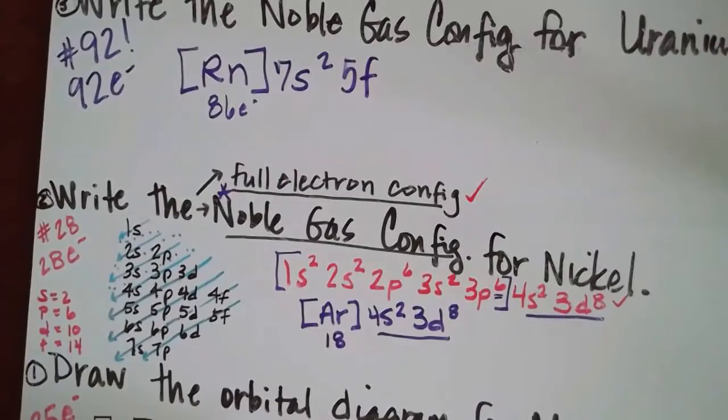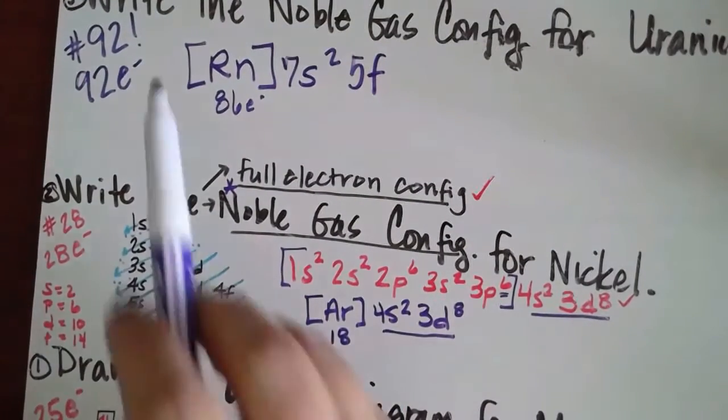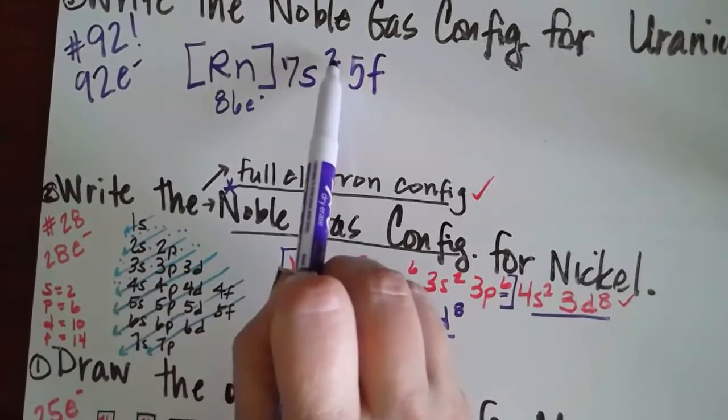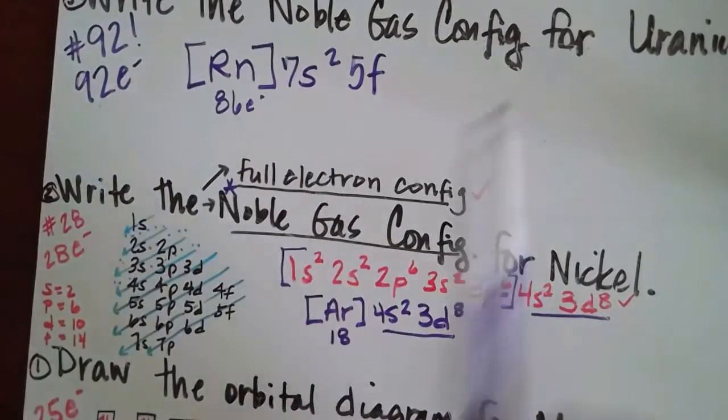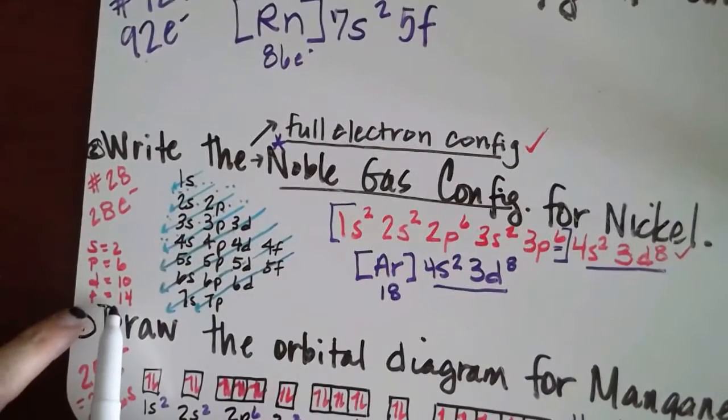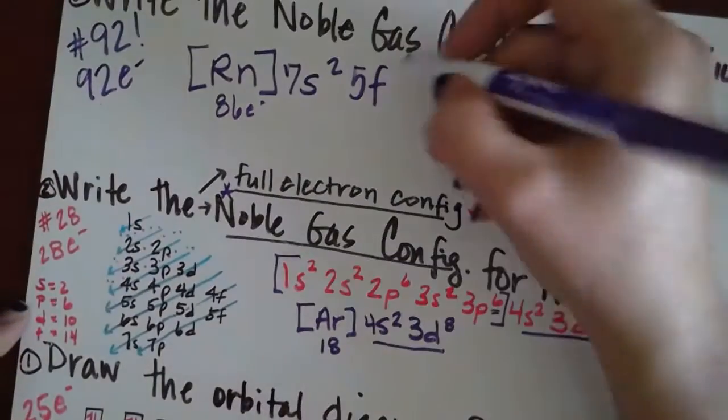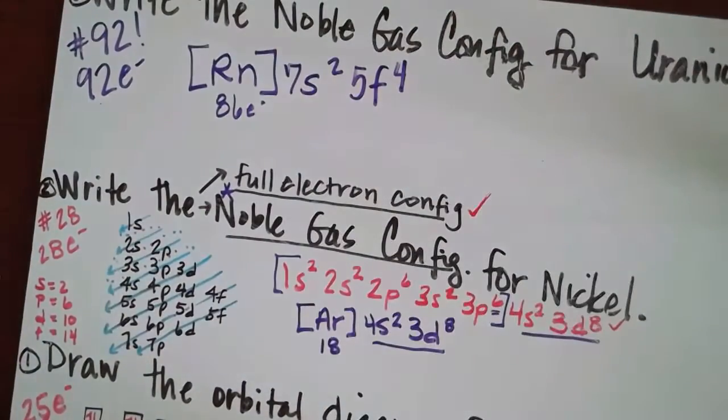And we said, how many more do we need? 4, right? We're at 86 plus 2 is 88. We have 92, so 92 minus 88 is 4 electrons. An f can hold 14 electrons, plenty. So 4 is written here, and we should be done.